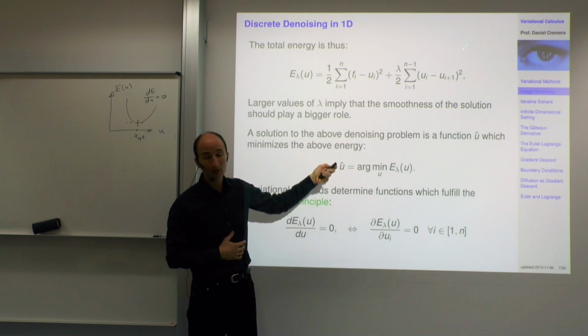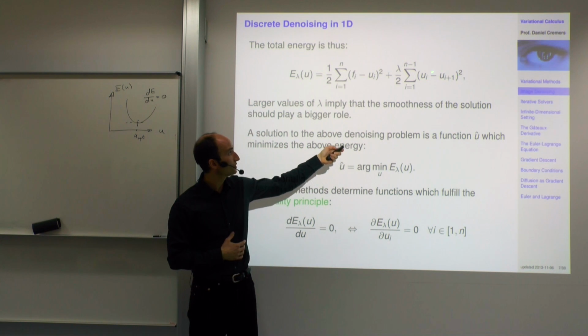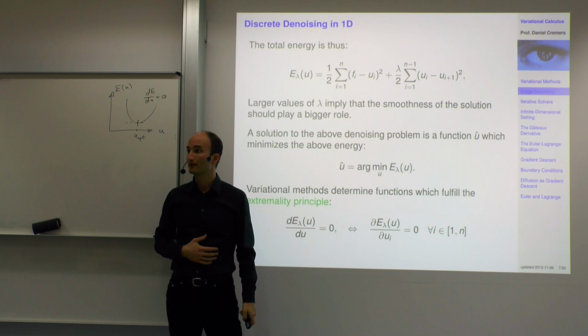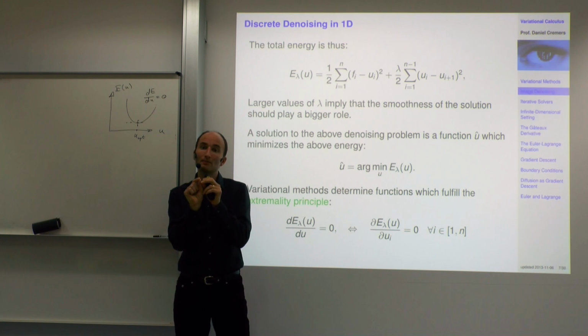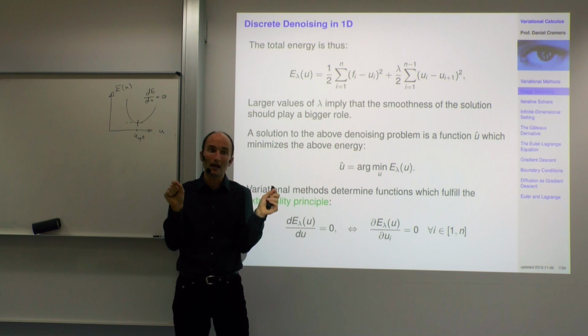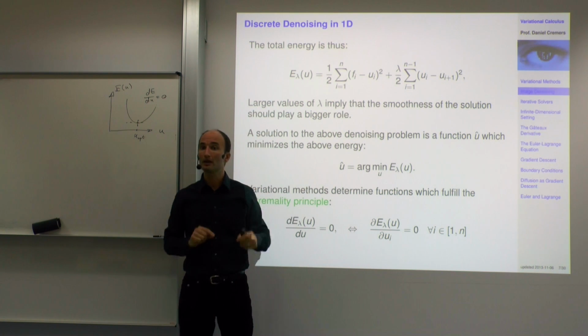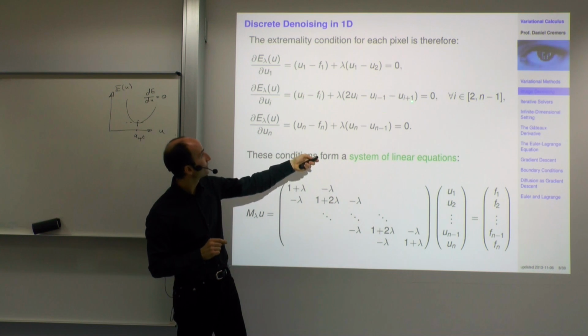And it appears twice in the regularity term: once in (u1 minus u2) squared for i equals 1, and then for i equals 2, in (u2 minus u3) squared, because it's coupled to both of its neighbors. The intermediate pixels are coupled to the left and the right neighbor. The boundary pixels are only coupled to the inner neighbor. This is why here we have one additional term.